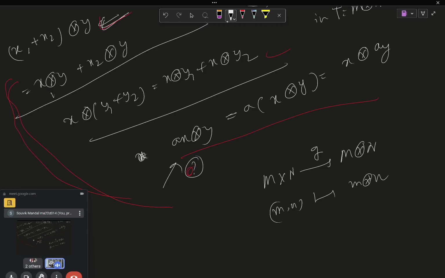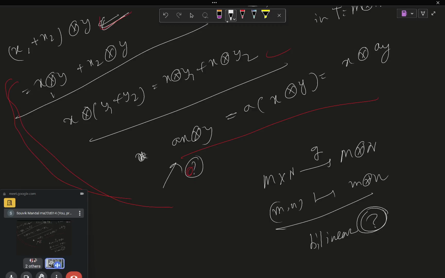We will check whether this map is bilinear or not.